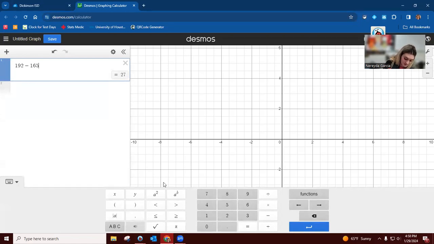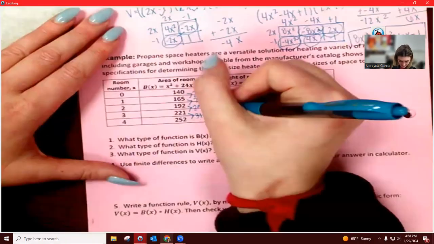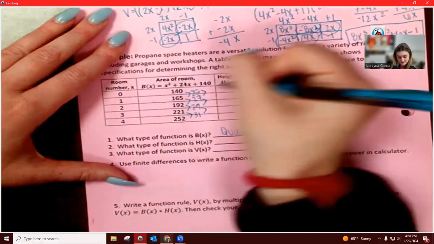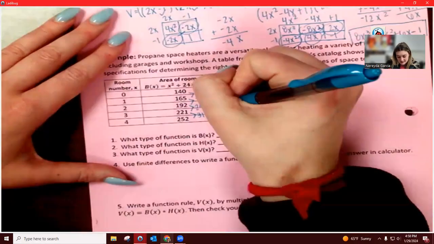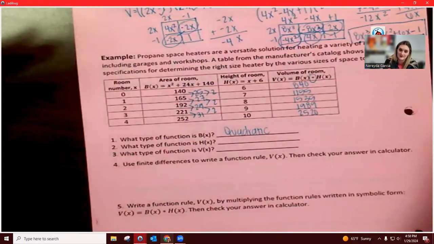And my last one, 165 minus 140, giving me 25. Okay, so I know round 1 wasn't constant, so I gotta go round 2. Round 2, I could start from the bottom, subtract up, and notice that I get 2 all the way up. Cool, hey, that makes me quadratic.